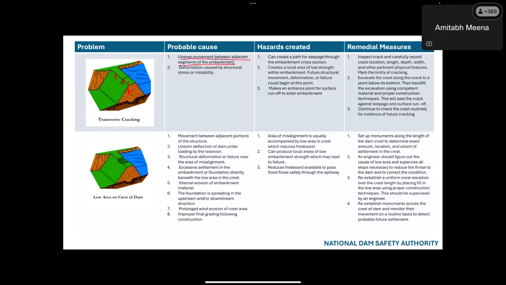So we have to inspect the crack carefully, and we have to continue to check the crest on a regular basis.